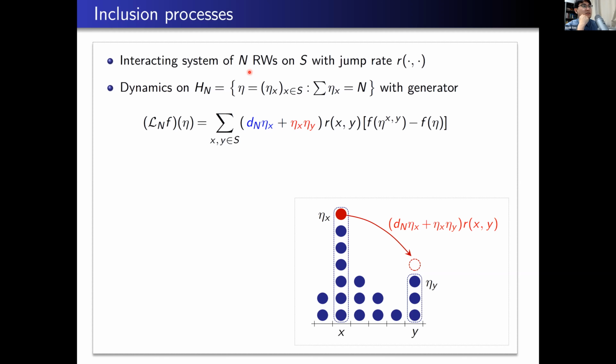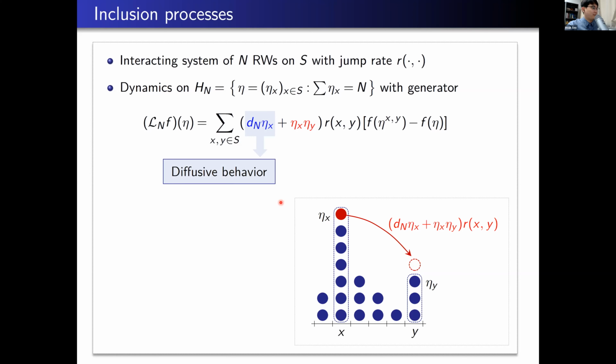Each particle is a random walk on the fixed finite set S with the jump rate R. And the inclusion process is defined as a dynamics on Hn with generator Ln acting on F in this manner, so that the particle at site X now jumps to Y with this rate. Now I explain what is the meaning of this rate.